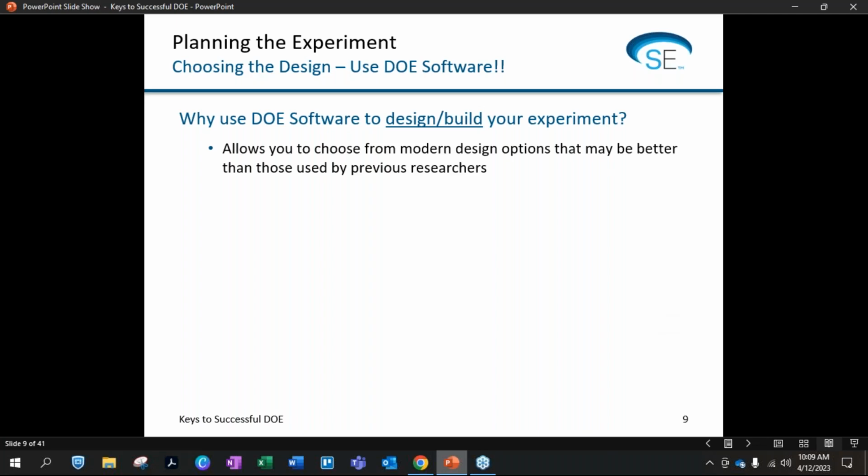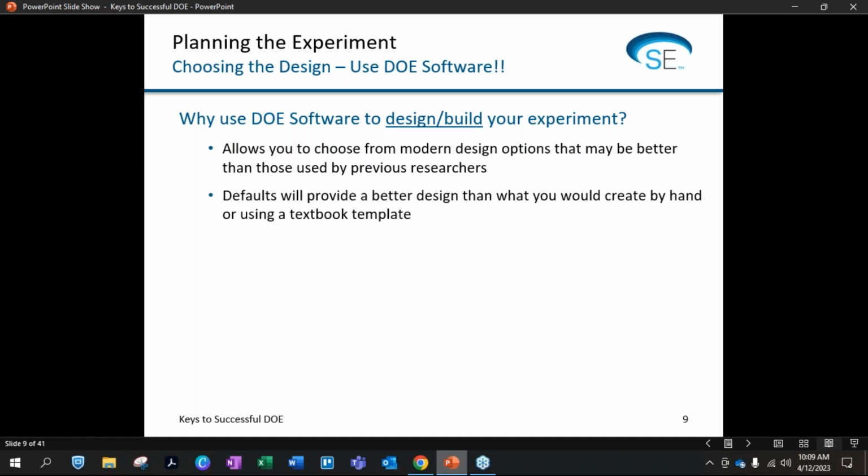DOE software is going to give you choices from modern design options that could be better than those used by previous researchers in your field. Just using the defaults of DOE software like Design-Expert or Stat-Ease 360 is going to give you a better design than what you would create by hand or by using a template out of a textbook.